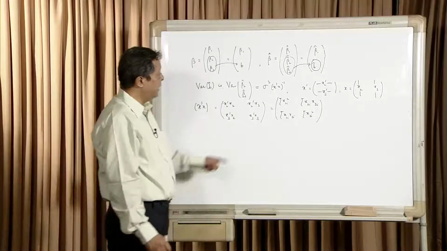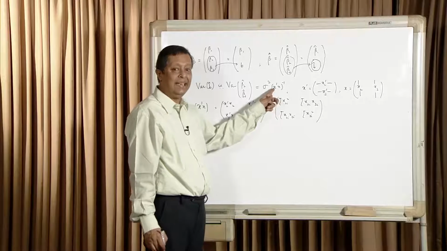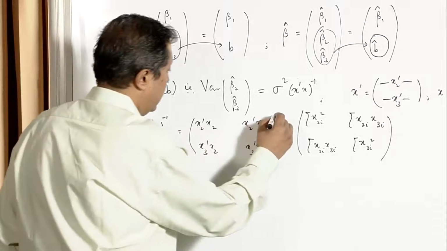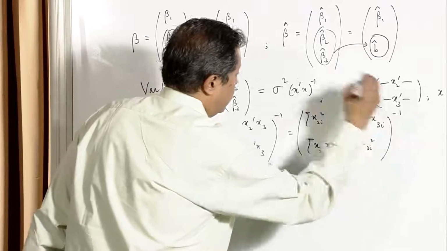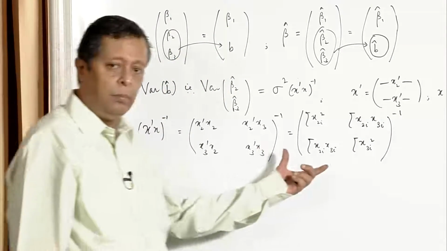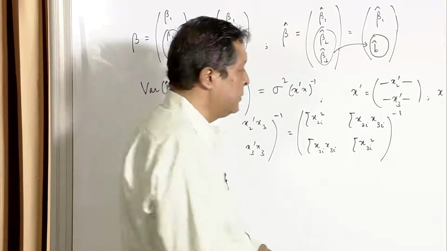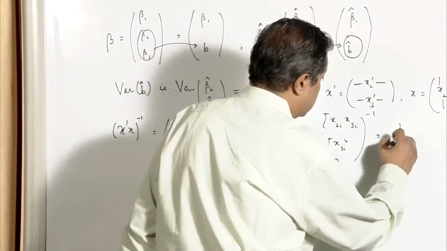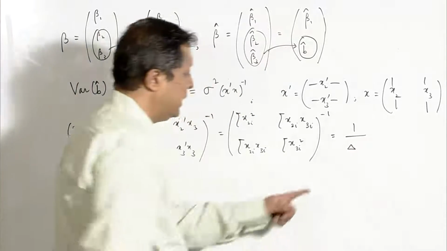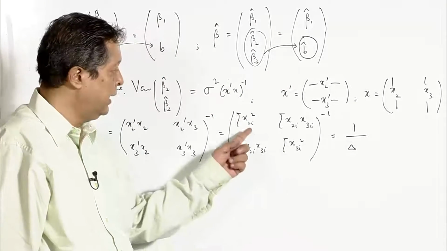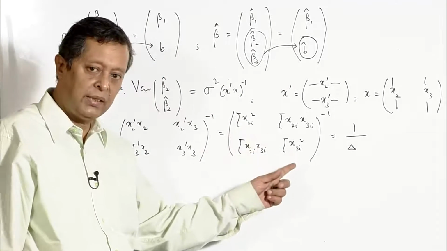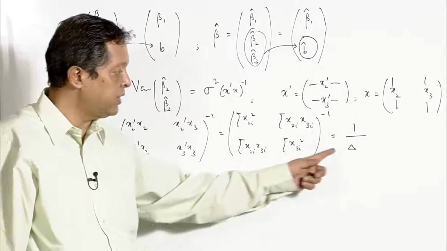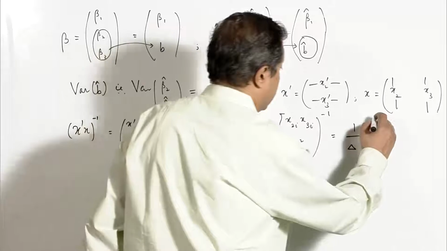What we need to evaluate is (x prime x) inverse. So, let us put the inverse sign, and we know by the properties of matrix algebra that this will be equal to 1 upon delta, the determinant of this, which is summation x2i square times summation x3i square minus summation x2i x3i whole square.